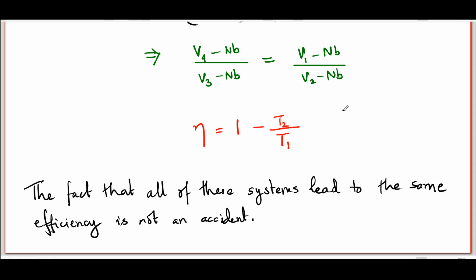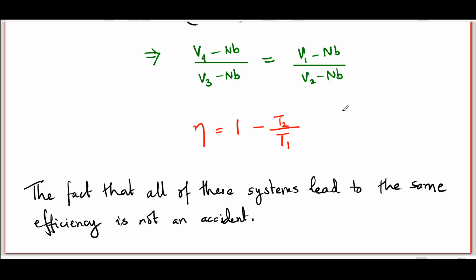The expression that I have given you for U of T and V for a van der Waals gas had this volume dependence of minus n square A by V. That actually is the volume dependence that's predicted by the second law. So it's not a surprise that this efficiency value, which as we will see later is a consequence of the second law, actually follows even when we are using the van der Waals gas.